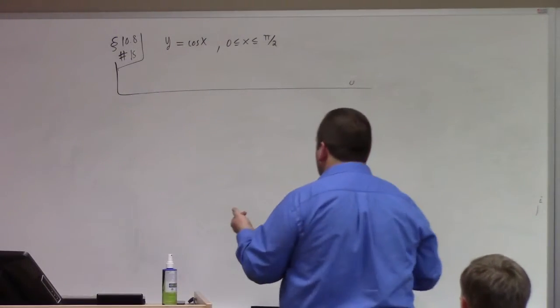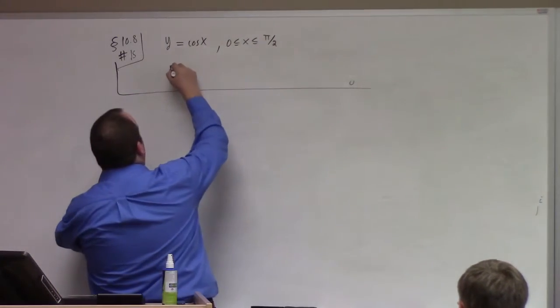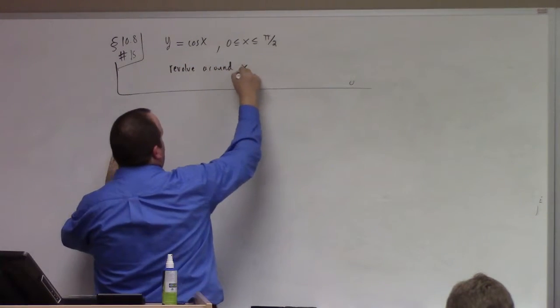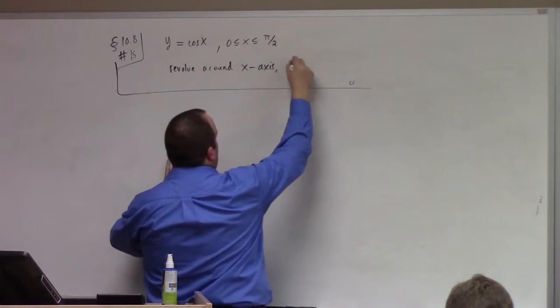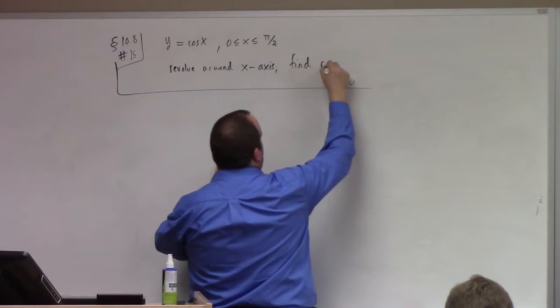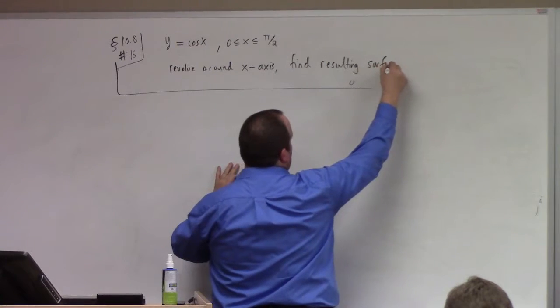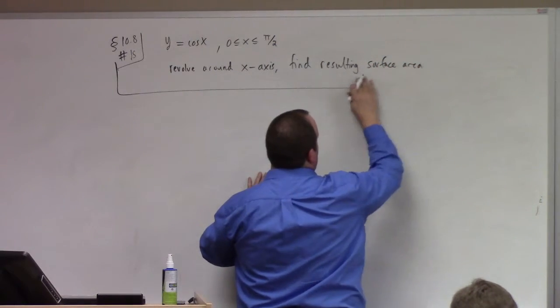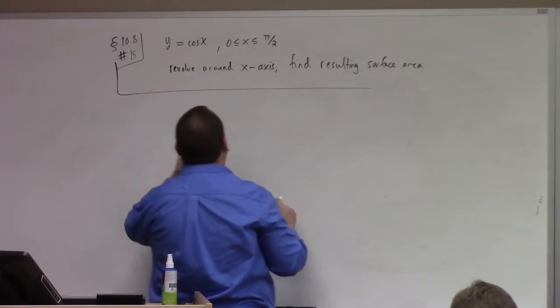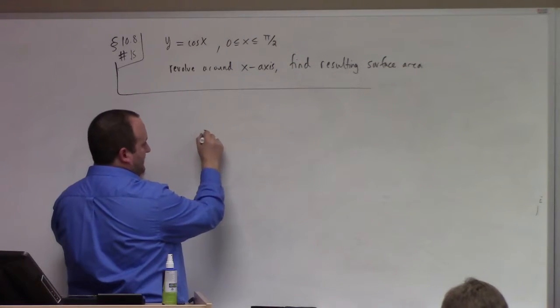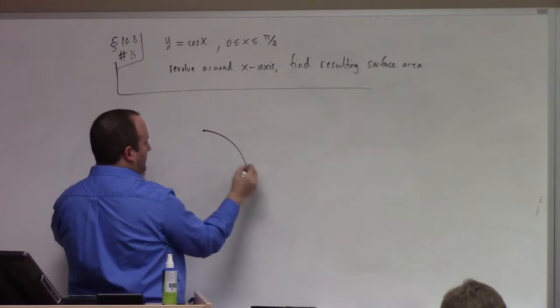So, revolve this curve around the x-axis, find the resulting surface area. Roughly speaking, cosine looks like this from 0 to pi over 2.